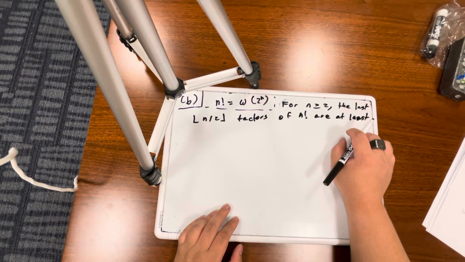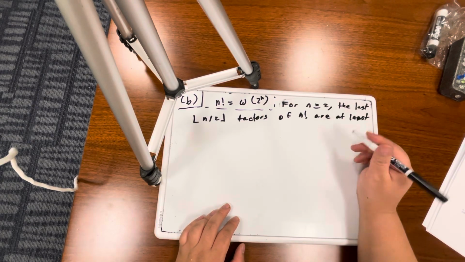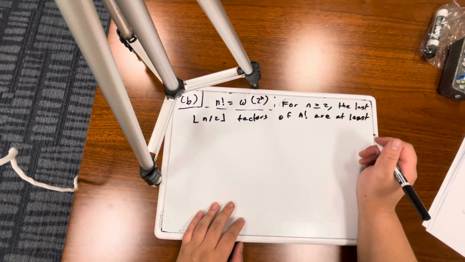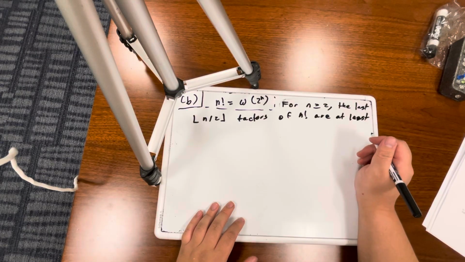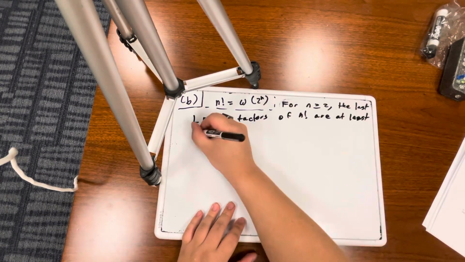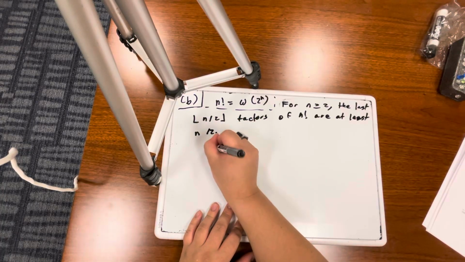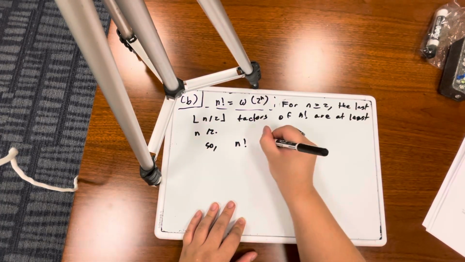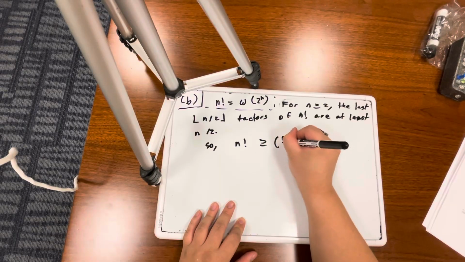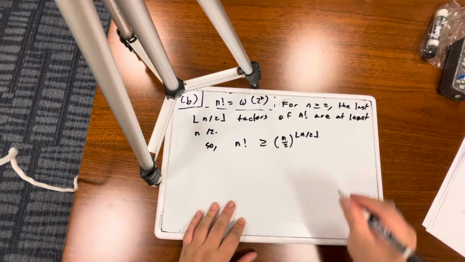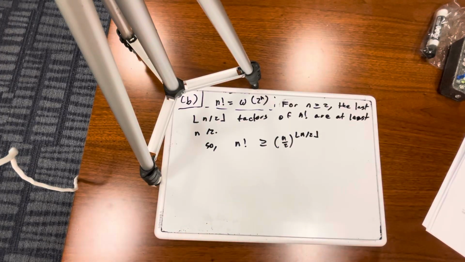But for now, for n greater than or equal to 2, the last floor function n divided by 2 factors of n factorial are at least n divided by 2. So n factorial is greater than or equal to n divided by 2, to the power floor function of n divided by 2.